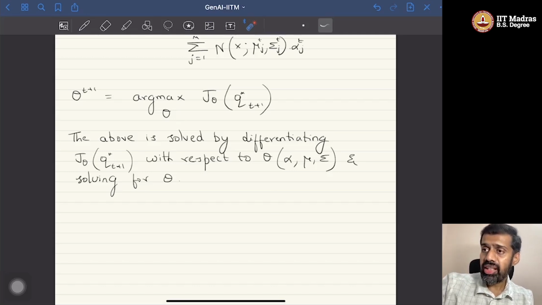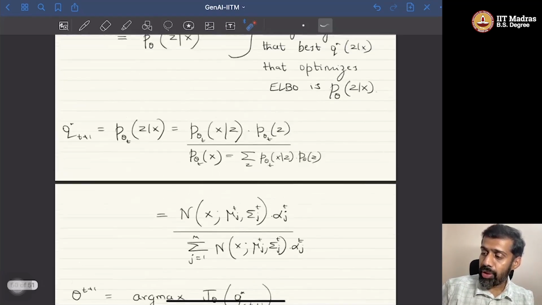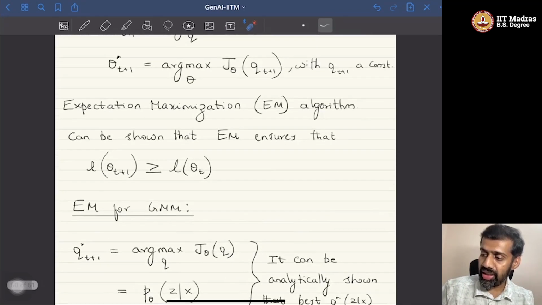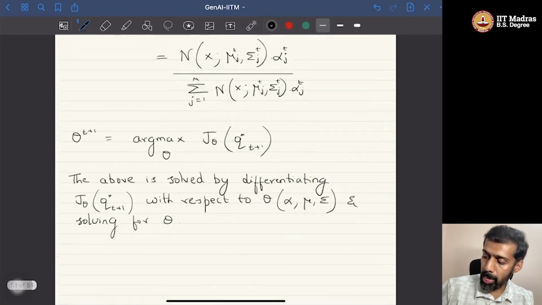Anyway, the matter of fact is that optimizing the ELBO for a latent variable model is feasible using the EM algorithm, as long as we can find p theta of z given x. Okay, let me write that down.